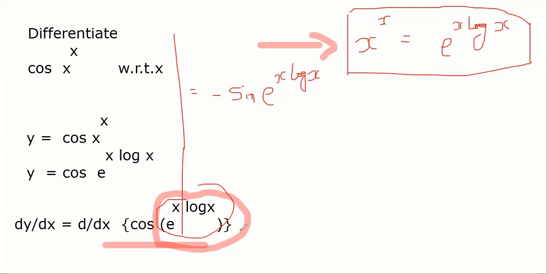How do you differentiate e to power x log x? It remains the same, right? So, into e to power x log x.